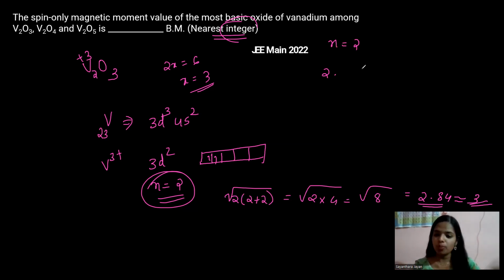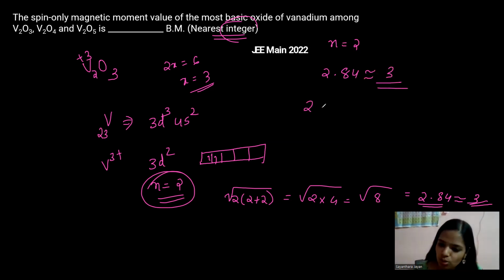If it is 2, it is 2.84. If it is 3, it is 3.87. So 2.84 is approximately 3, and you cannot take it as 2. Please don't write that here. If they are saying to round off to the nearest integer, you have to take the nearest integer, that is 3.